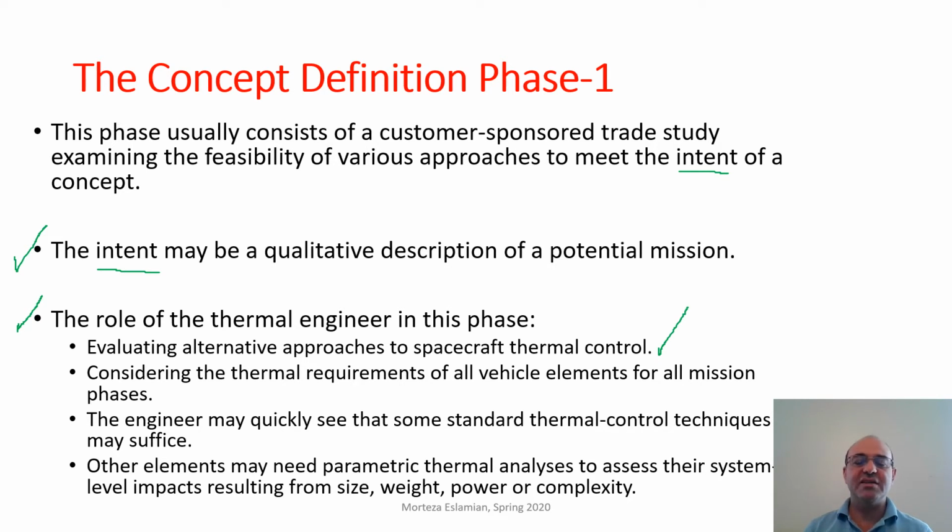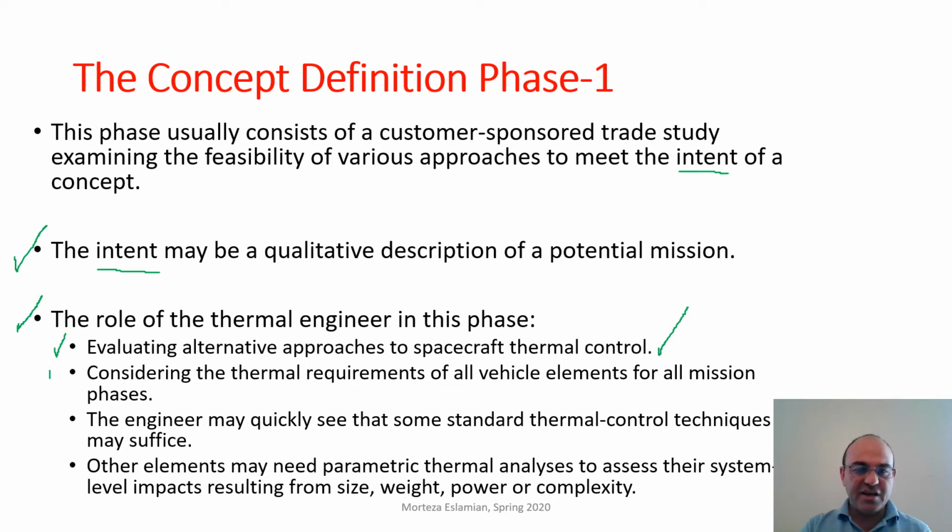Let's say the mission is that we want to go and explore the surface of the sun. Then the question is how a spacecraft is going to approach the sun and how close it can approach the sun. Is this feasible at all? Or how far is it possible, based on the intensity of the solar irradiation and so on.